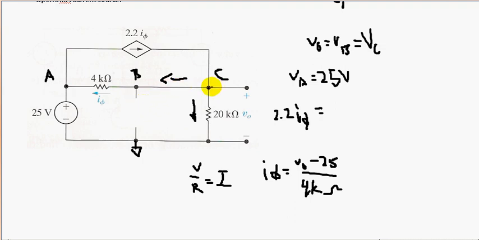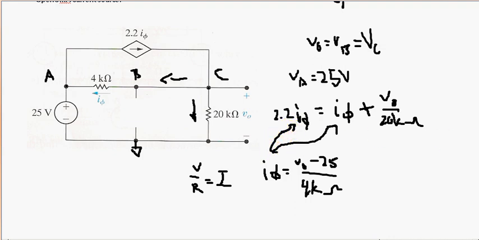So that's that current. So this is I sigma, right? We have this current going in, this current going out, and this current going out, plus VO over 20 kiloohms. Now we can substitute this into here, and we'll solve where VO is.